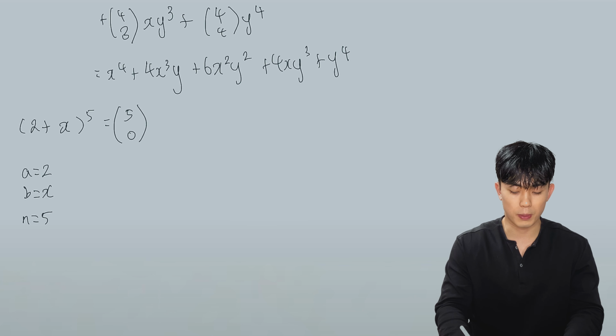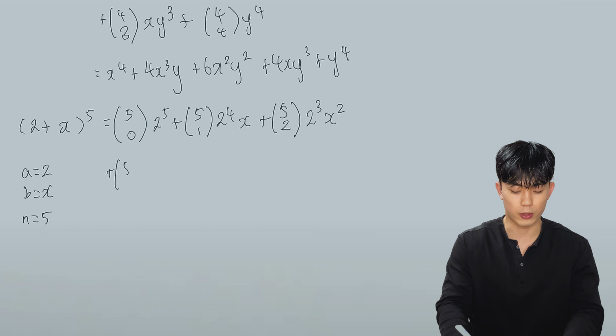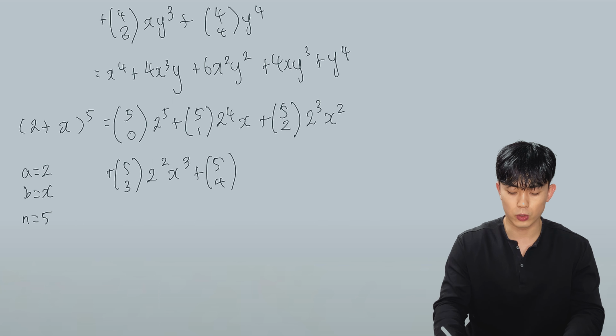Times 2 to the power of 5, plus 5 choose 1, 2 to the power of 4 times x, plus 5 choose 2, 2 cubed times x squared, plus 5 choose 3, and so on and so on. 2 squared times x cubed, 5 choose 4, 2 times x to the power of 4, and lastly 5 choose 5, x to the power of 5.